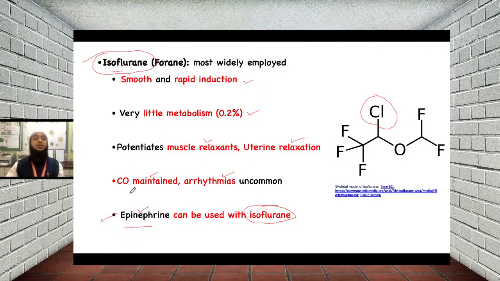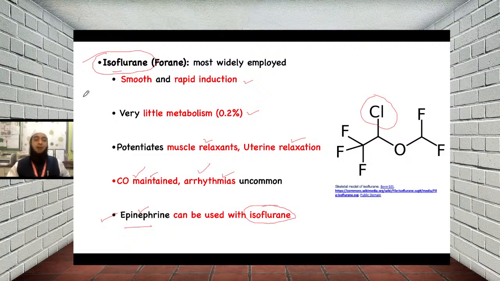If a general anesthetic increases cardiac output or produces arrhythmia, then giving epinephrine becomes more risky, because the anesthetic itself is producing abnormal heart rate, and epinephrine will add to the arrhythmia and the patient's condition becomes complicated or serious. So with those general anesthetics which change heart rate or produce arrhythmia, you will think twice as an anesthetist before giving epinephrine.